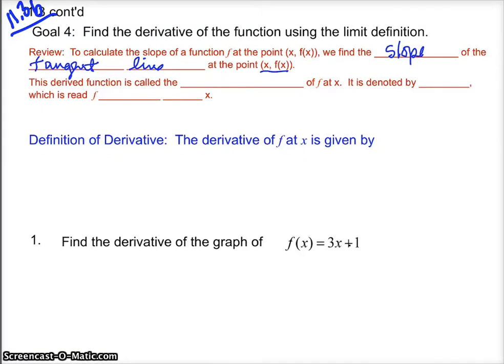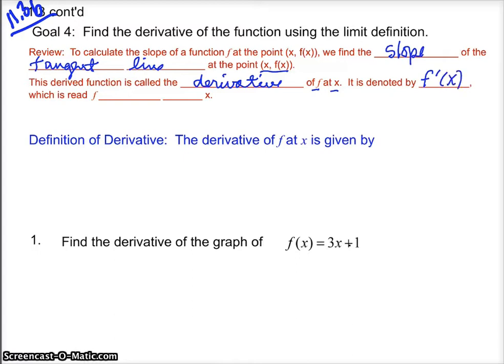To take us into today's lesson, that derived function that you found is called the derivative. And it's the derivative of the function at the point x. It is denoted by f apostrophe x.